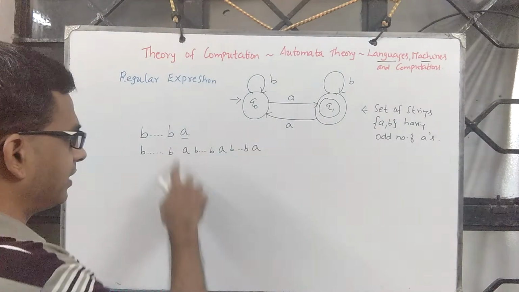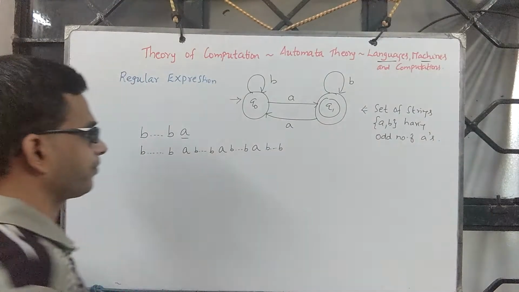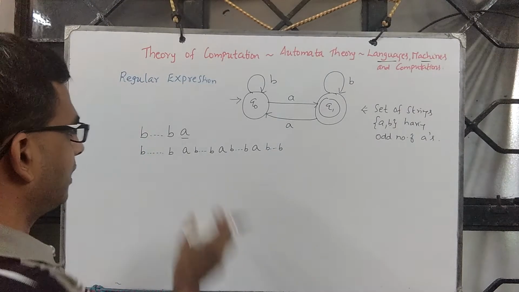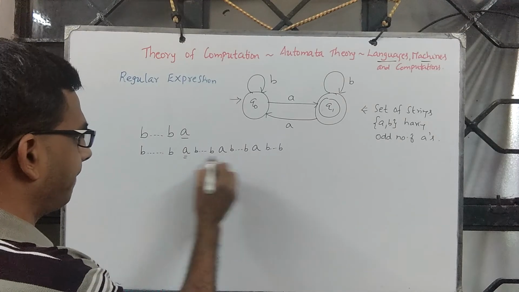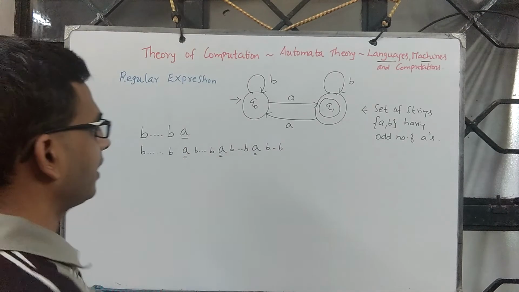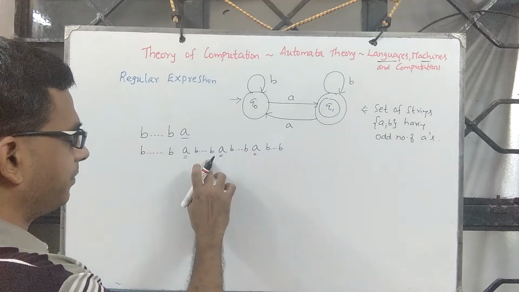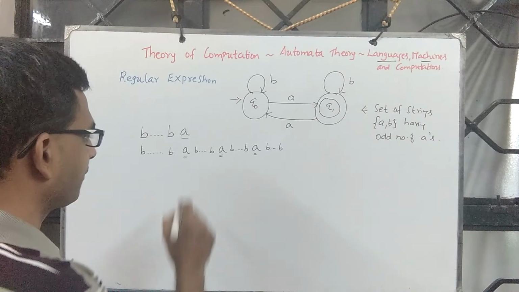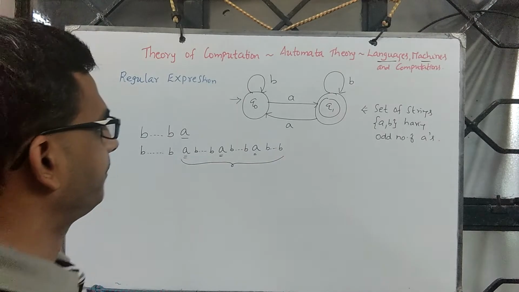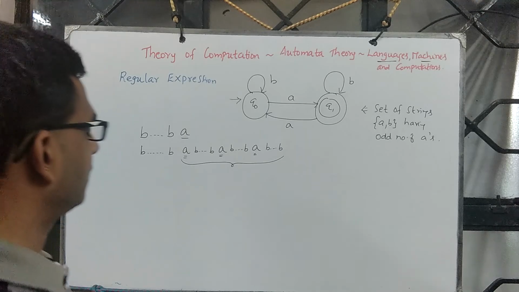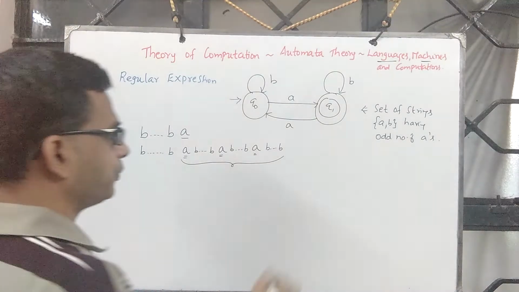After 1, an odd number of a's is 3, correct? And you can have any number of b's in between, and this pattern is going to repeat. Correct? Because when we come back, we may get another 2 a's.